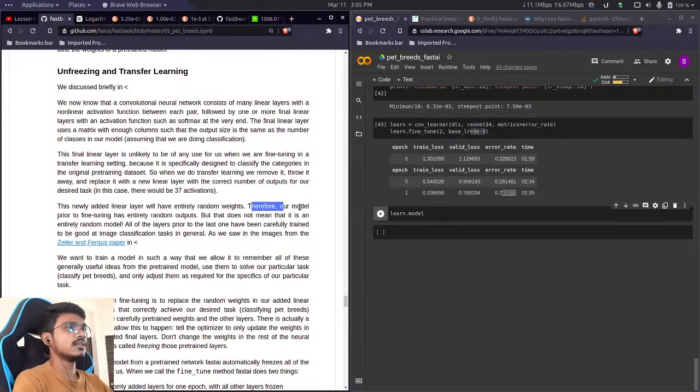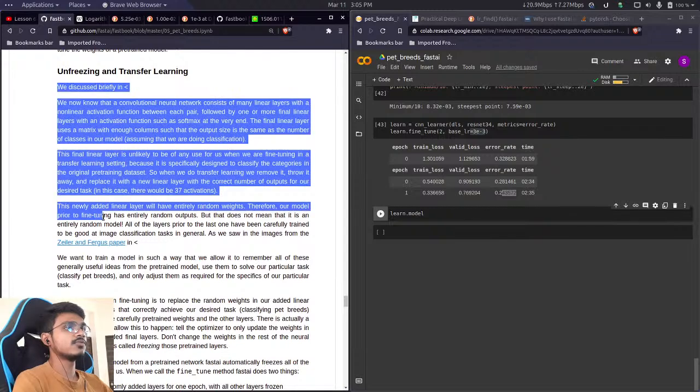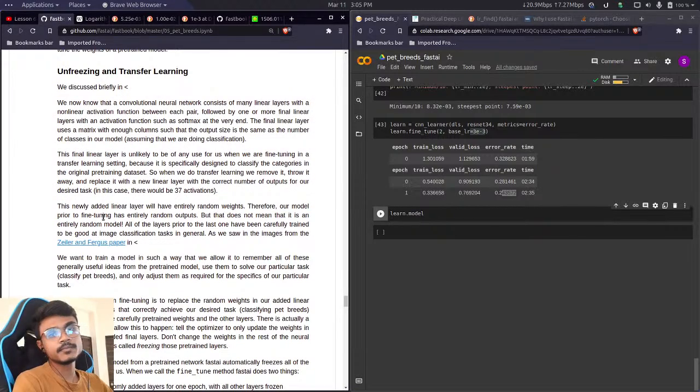Alright. Our model prior to fine-tuning has entirely random outputs, but that does not mean that it is an entirely random model.